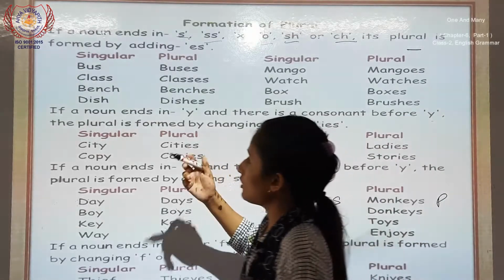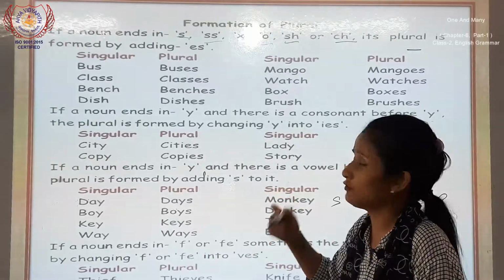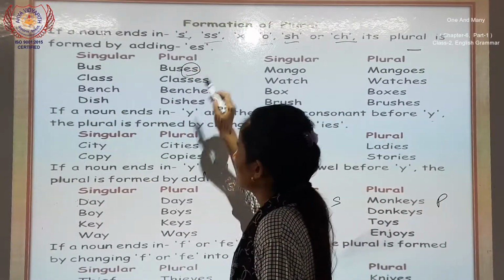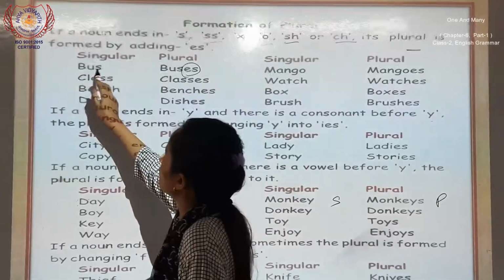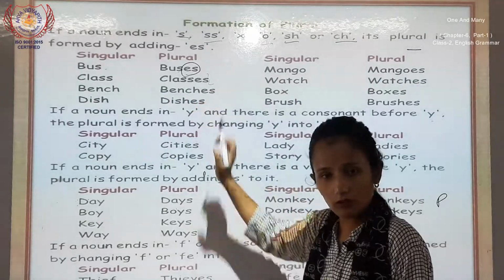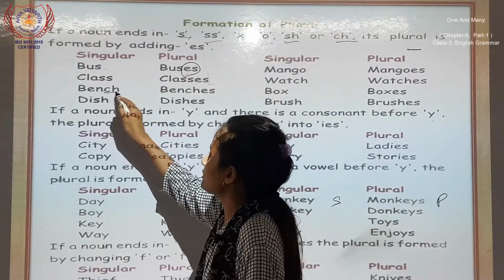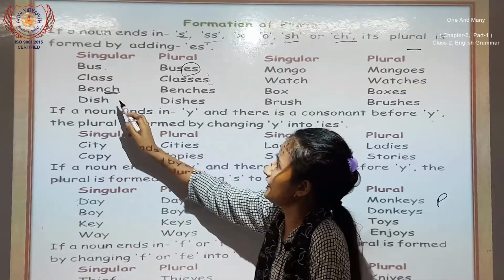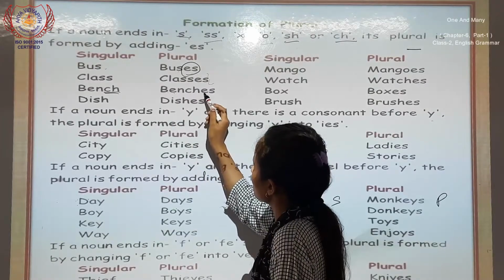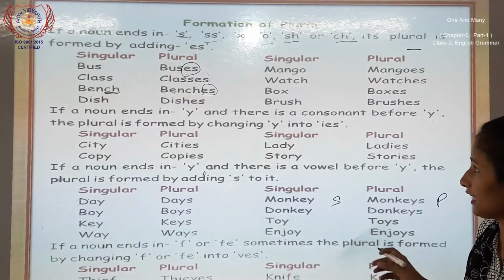Next. So, उसमें हम लोग क्या यूज करेंगे प्लूरल में? Whenever we have to make plural, so what we have to use? es. Okay, like this. Bus, buses. Okay, like bench. In singular, you can see in last ch. So bench, es. In plural, we have to use es.